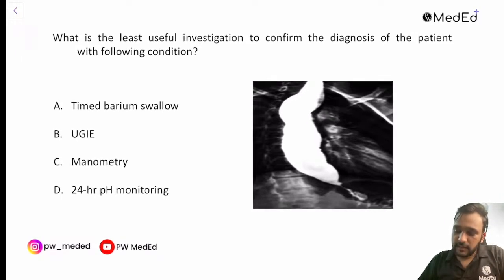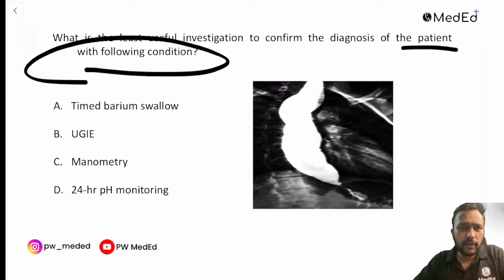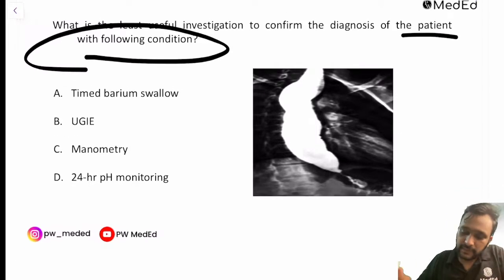So what is the least useful investigation to confirm the diagnosis of the patient with the following condition? So first, let us see what is the condition that is being given to us.